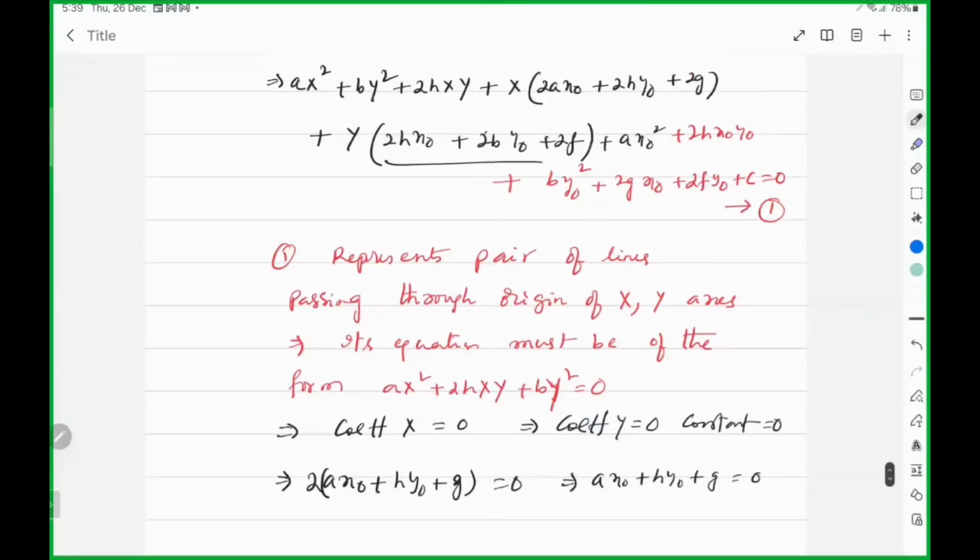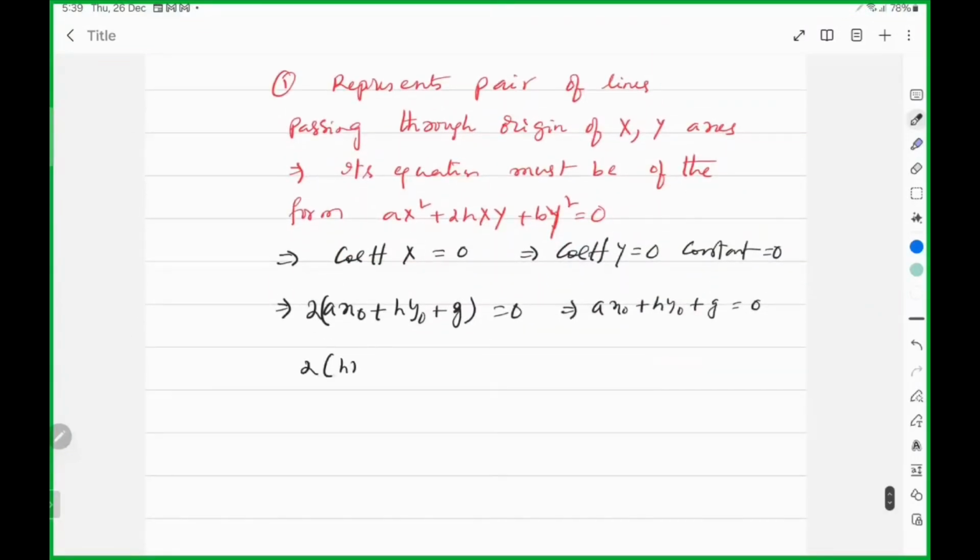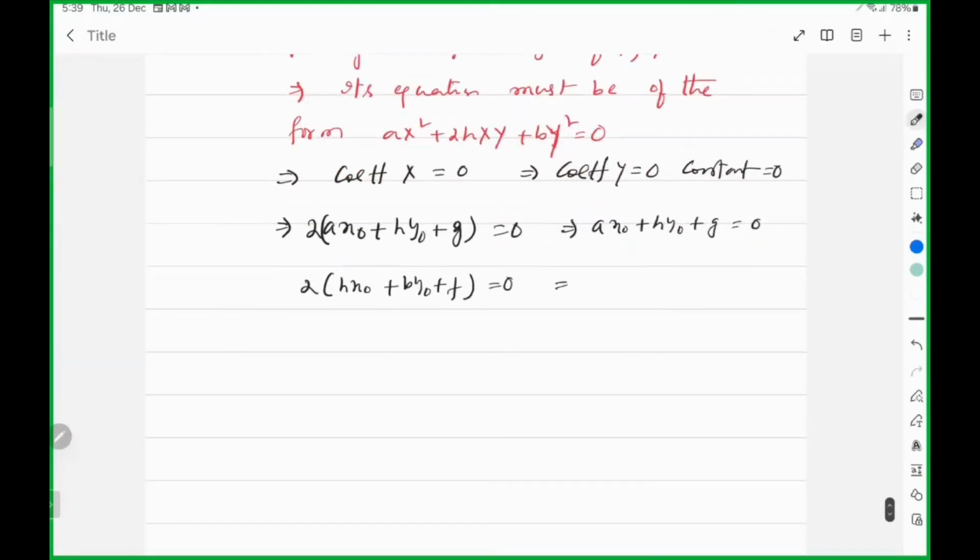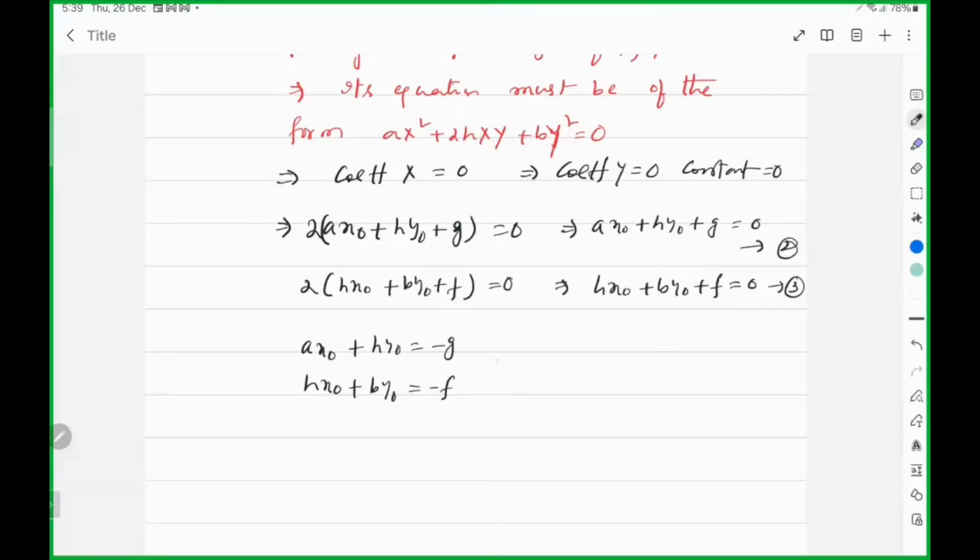Similarly, the Y coefficient 0 means 2 times h x naught plus b y naught plus f is 0. Solving this, a x naught plus h y naught is minus g, h x naught plus b y naught is minus f.